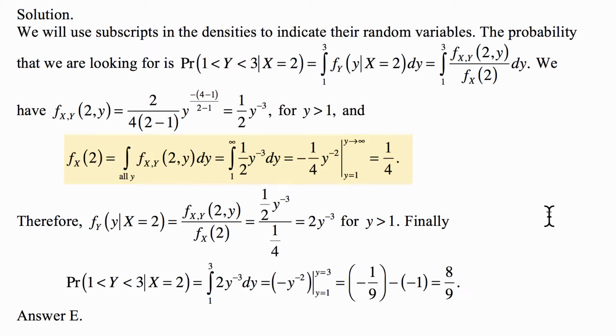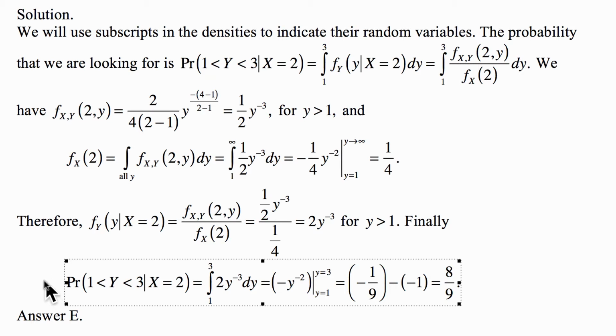So the f sub Y of y, given that x is equal to 2, ends up being the ratio of 1/2 y to the negative third over 1/4, so it's 2y to the negative third for y greater than 1. Therefore, the probability that Y is between 1 and 3, given that X is equal to 2, is the integral from 1 to 3 of the conditional density that we just determined.